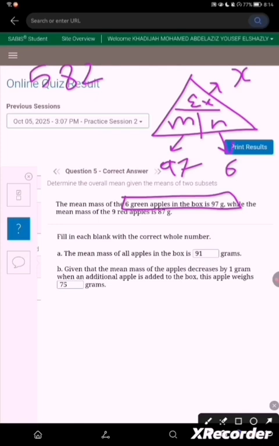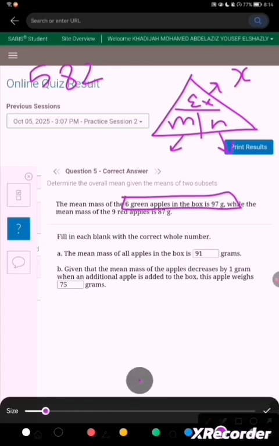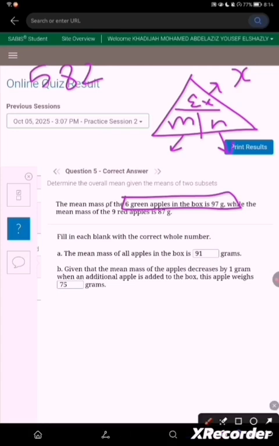So let me just erase this real quick. Instead of 97 and 6, you're going to have 87 and 9. So you're going to do 87 times 9, you're going to get 783.